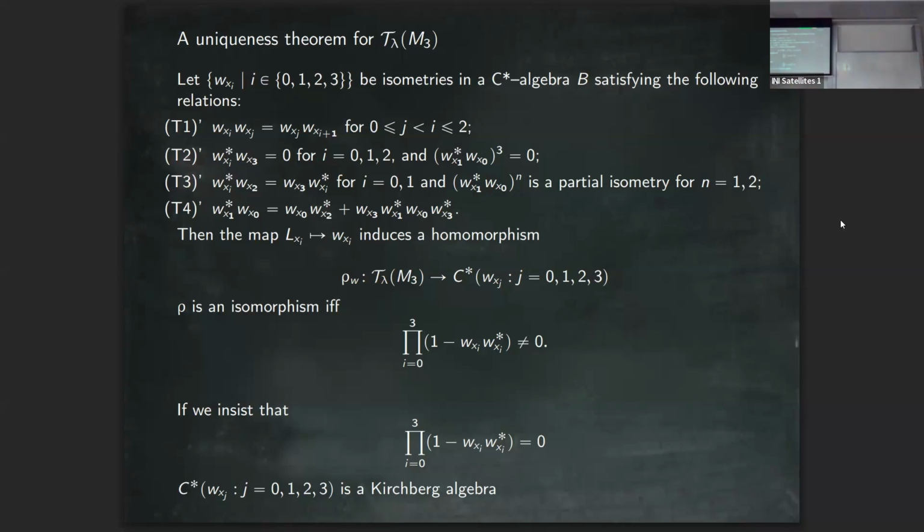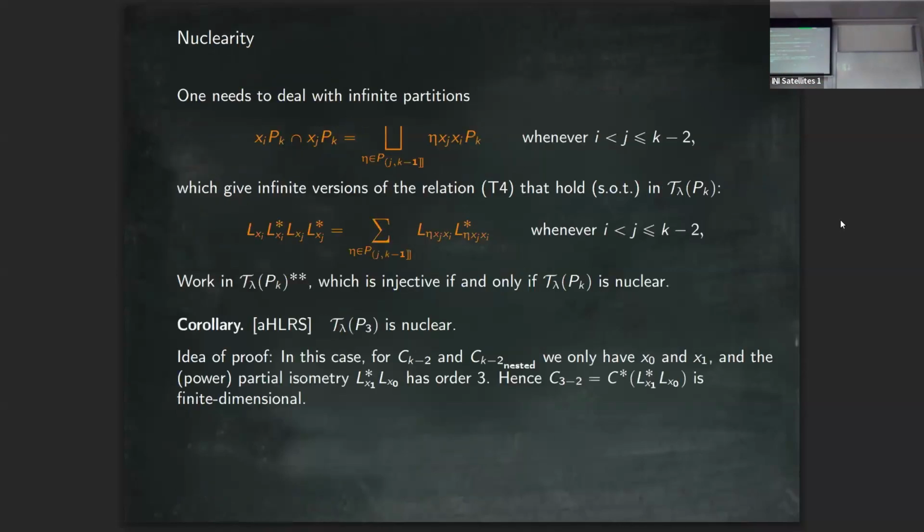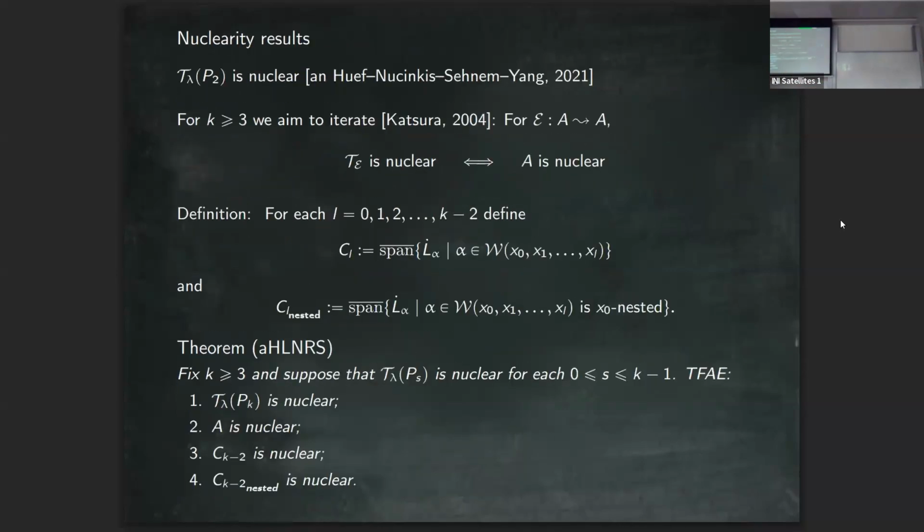Can you go back a couple of slides? Yes. So this CL, can you see this as the... is there any canonical gauge action on the circle whose invariant subalgebra is this one?